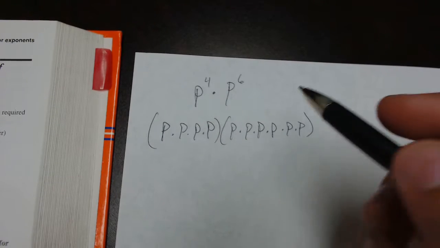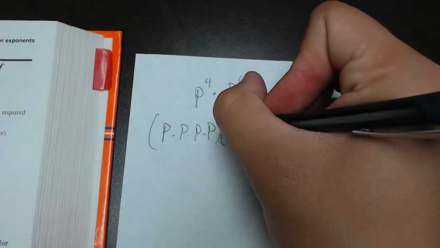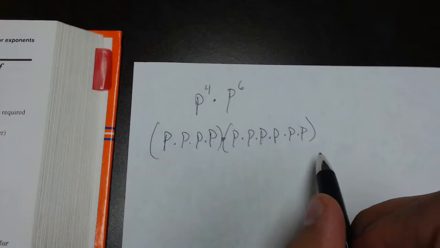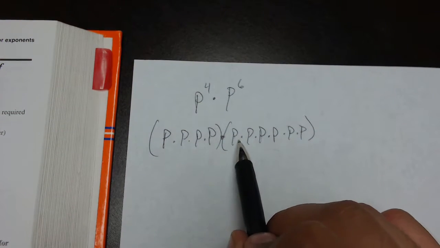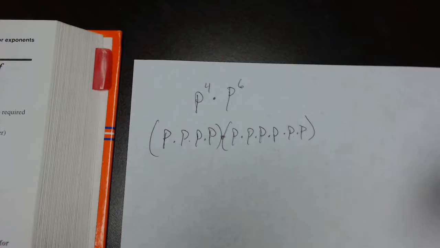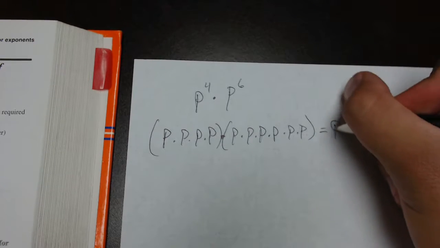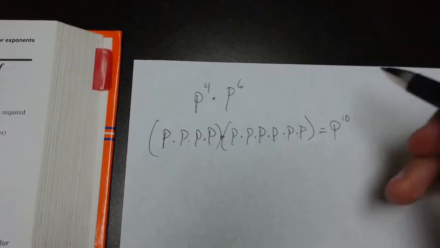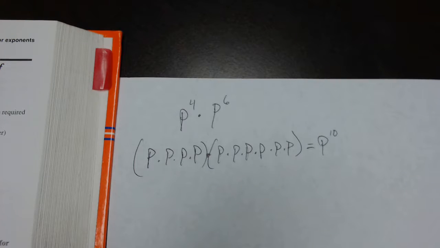So all we have to do now, if these are being multiplied, is count up all the p's: 1, 2, 3, 4, 5, 6, 7, 8, 9, 10, and we can say that that is equal to p to the power of 10, right? Because we have 10 p's being multiplied. So that's pretty much the power rule in a nutshell.